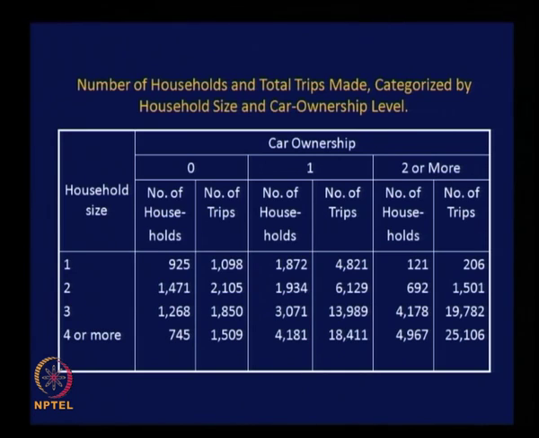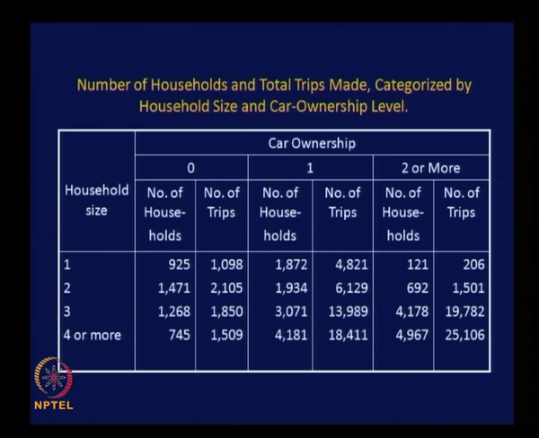Simply divide 1098 by 925, isn't it? Total number of trips made divided by the number of households of that category gives you the trip rate per day. We do this division for all the values and we can easily get the trip rate for each category of household. That is the first step.